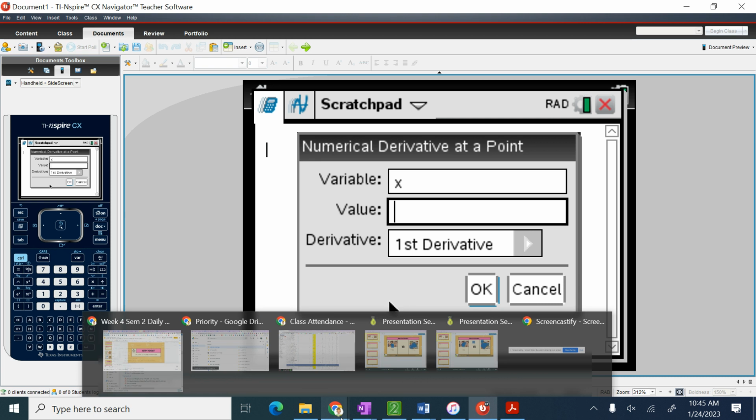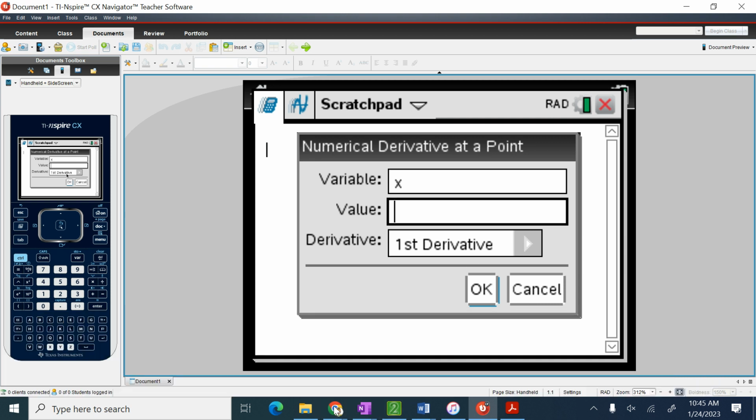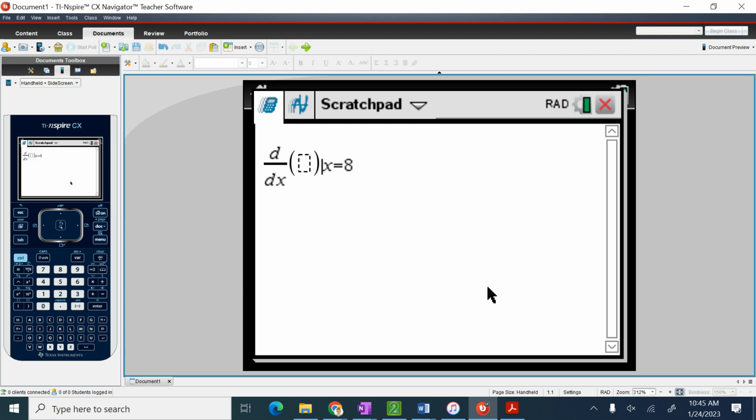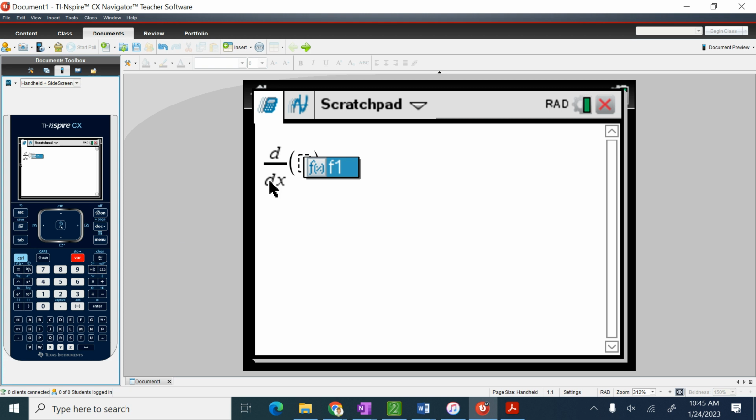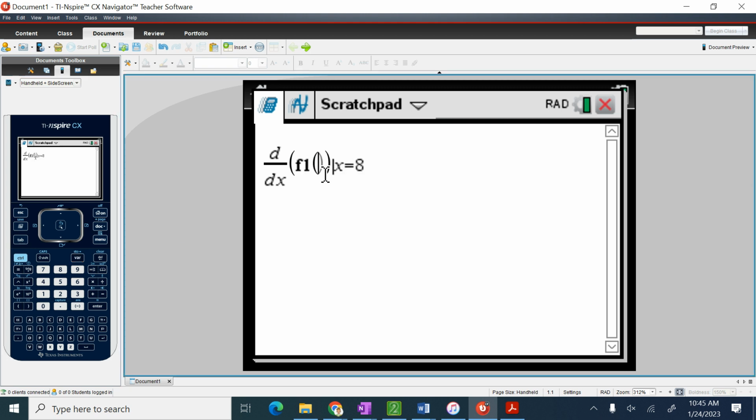What value am I going to put in? In this case, it was an 8 is what it told us to plug in, and then I hit OK. I'm keeping it on first derivative. Now I need to fill in this part. What do I need to push to get my function? Var F1, what goes in the parentheses? X. And then hit enter.